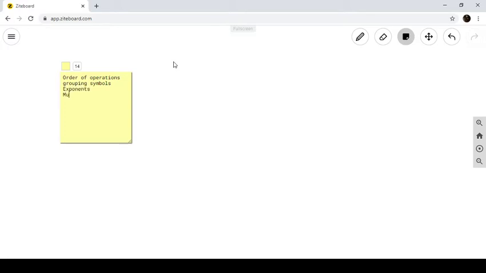Then multiply. And divide. Add. And subtract. Okay.